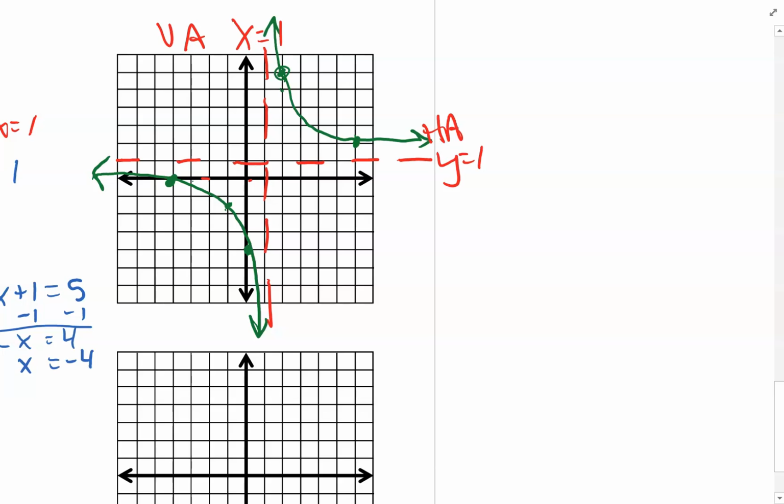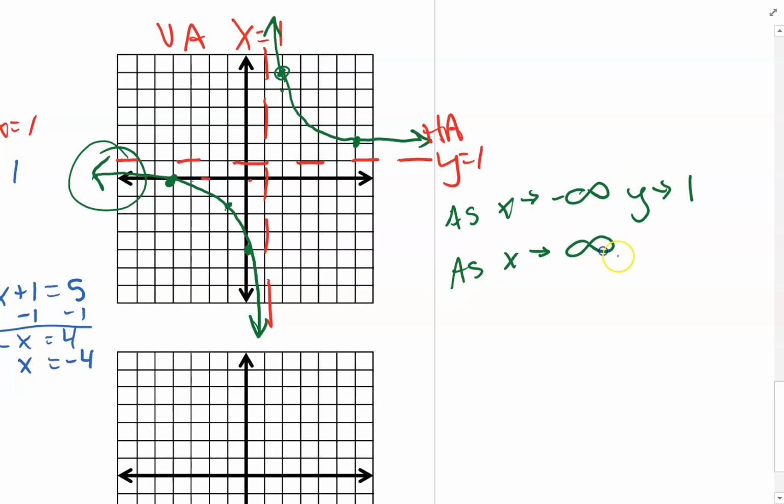Our end behavior will be: as x approaches negative infinity, y approaches positive 1. As x approaches positive infinity, y approaches 1.